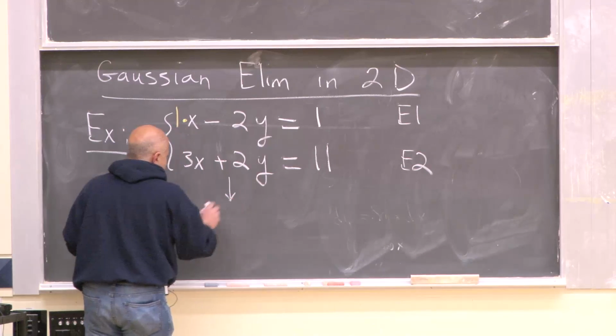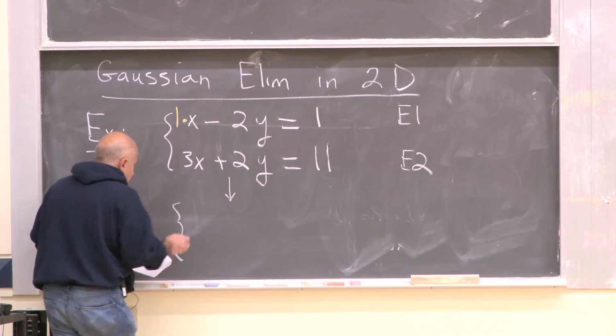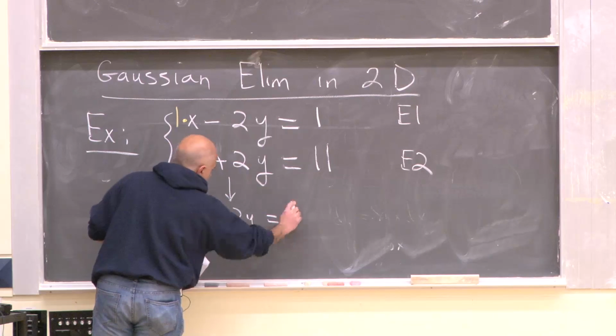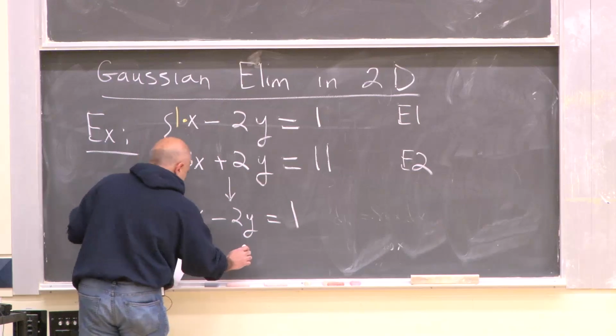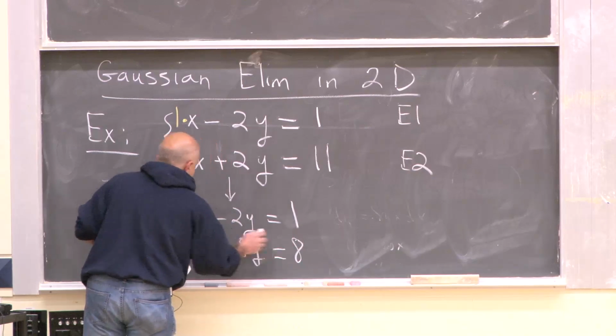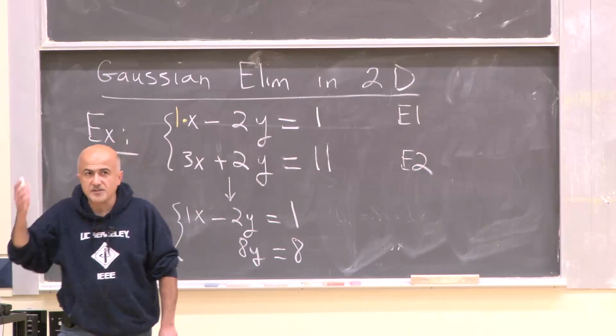I'm going to give you the final destination of what we're going to do. That final destination is x minus 2y equals 1 and 8y equals 8. I'm going to describe the steps going from here to here. In 2D, it's not very complicated.